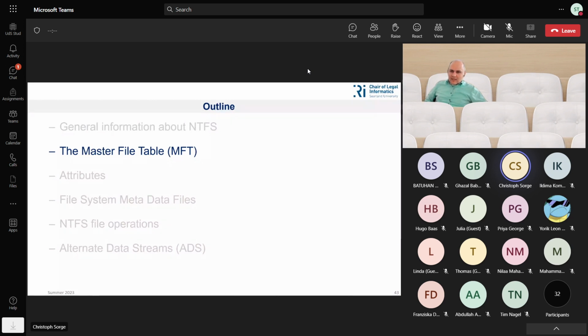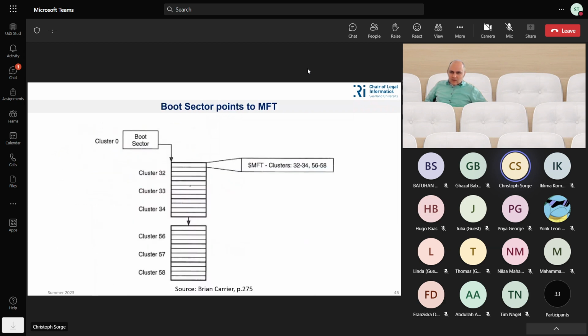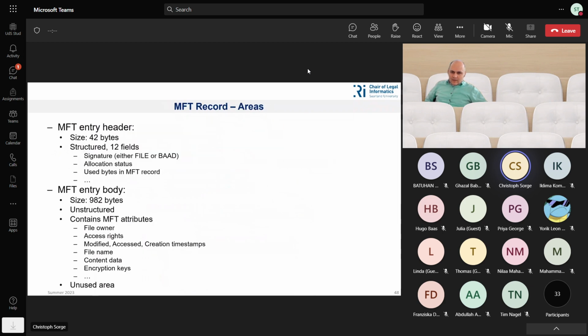So, which data is stored in the master file table, which data is retained when you delete a file, and stuff like that.